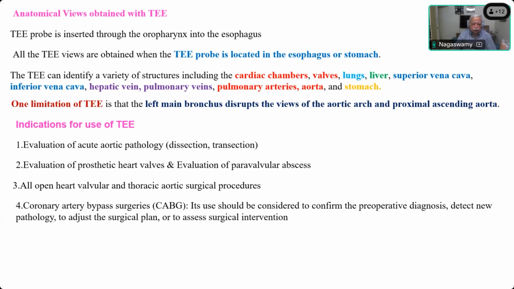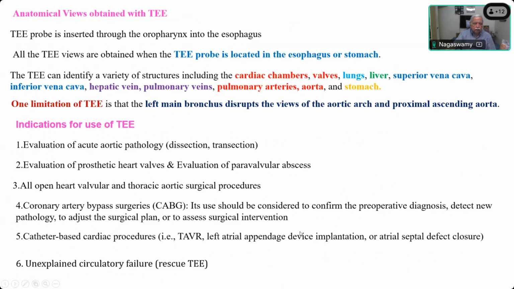Transesophageal echocardiography was very helpful to find out whether the ischemic segment, which is akinetic or hypokinetic, starts picking up and becomes kinetic very fast. That is an indication that the blood supply is restored and the muscle which was about to die has recovered. So TEE was very useful in that condition. And then catheter-based procedures and unexplained cardiac failure. These are some of the indications.